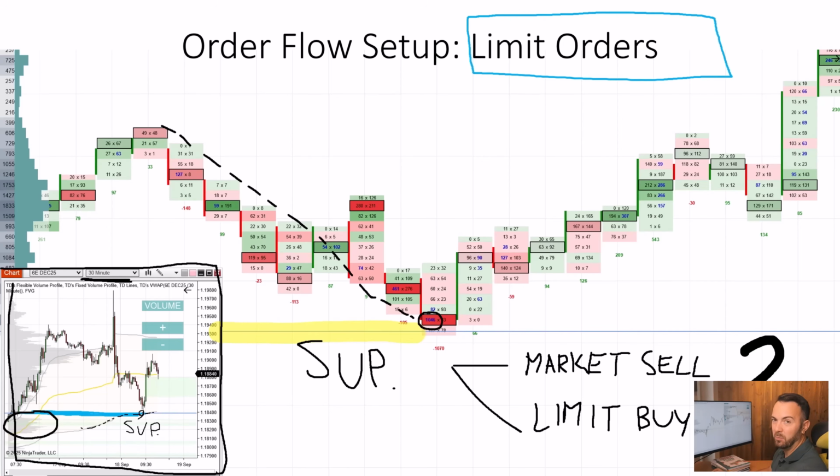So is somebody big entering a huge short at a support? Not very likely. What's more likely is somebody big was waiting at this support with their limit order, right? So it's more likely that this is a limit buy. And that means a confirmation for you to enter the long trade. All right, so this is the confirmation by limit order.